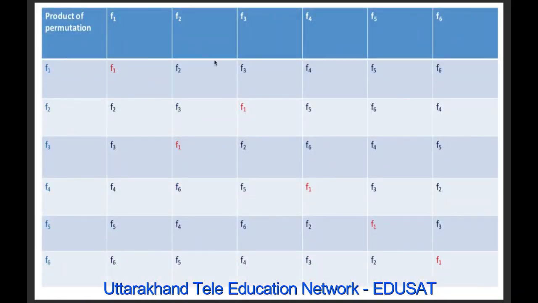To construct the table, in the top border row we will write F1, F2, F3, F4, F5 and F6. And in the left border column, we will write F1, F2, F3, F4, F5 and F6. In the extreme left corner, we will write product of permutations, or composite of permutations. Now we will find the composite transformation of F1 and F1.